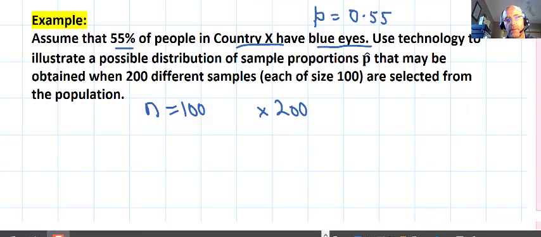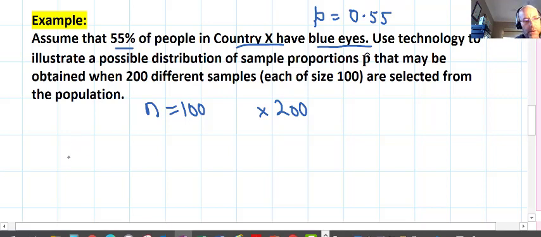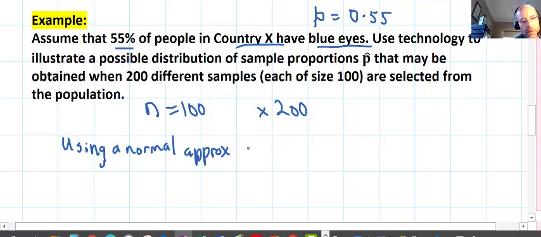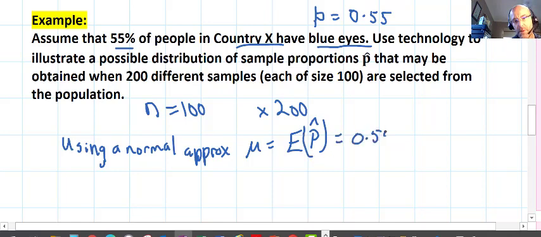Note that. So with this, because we know we can approximate it normally, using a normal approximation, we can show that the mean mu, which is actually E of p hat, using it in variable form with the uppercase P hat, equals 0.55 based on our formulas for normal distribution.